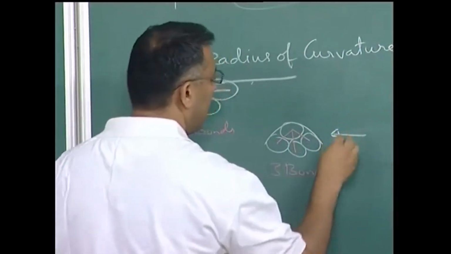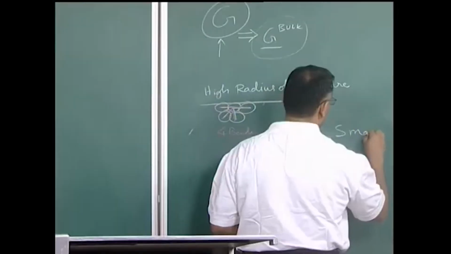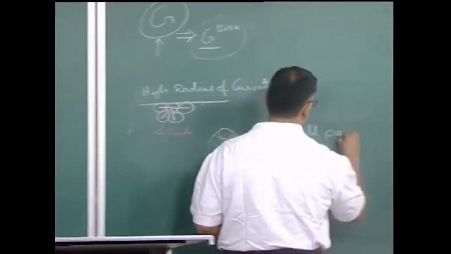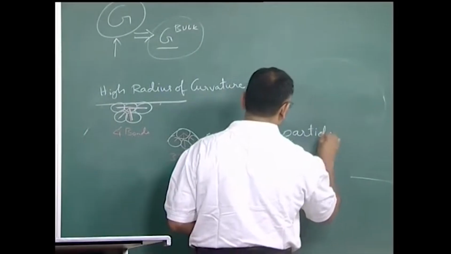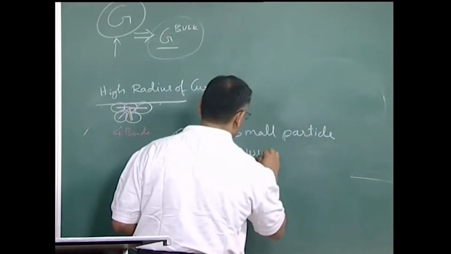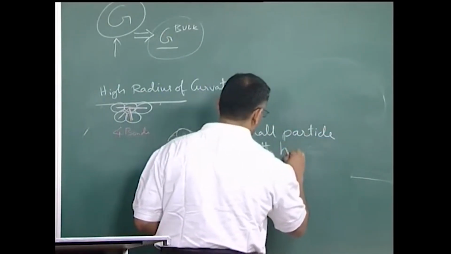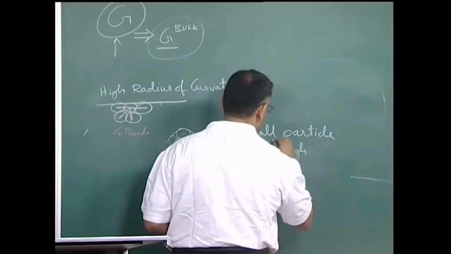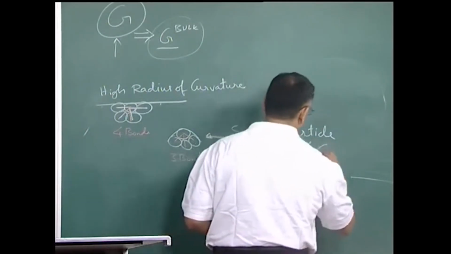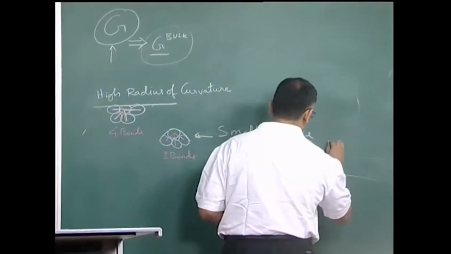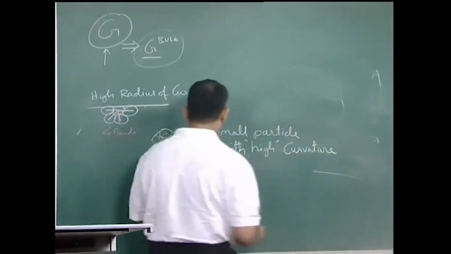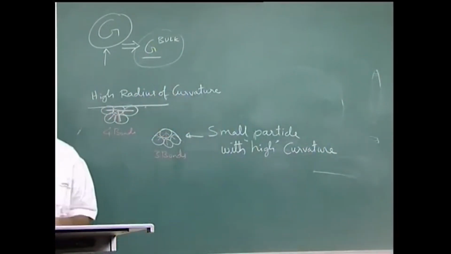And this is a small particle, and high curvature automatically implies that it has got a small radius of curvature.